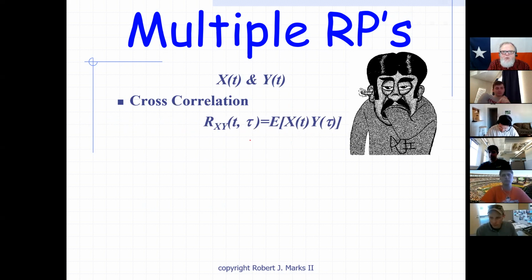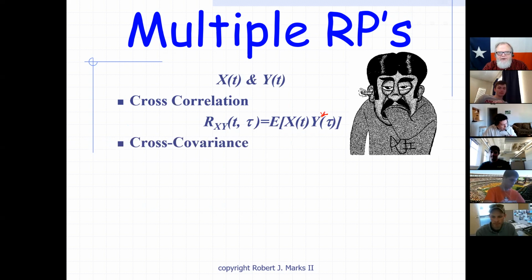By the way, many times you're going to have complex stochastic processes. We're not going to consider this here, but know that if we have a complex stochastic process, this second term is conjugated. So it's the expected value of x of t times y conjugate of tau. That's the definition if we have a stochastic process.